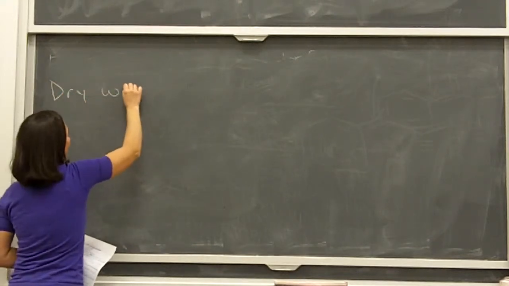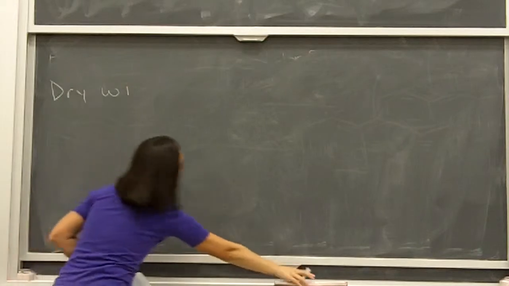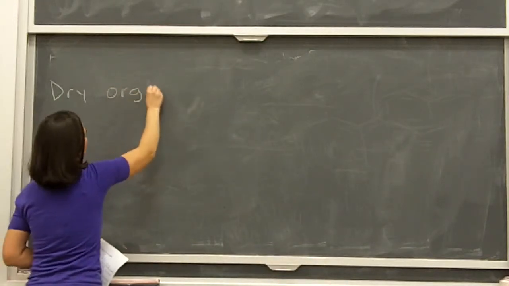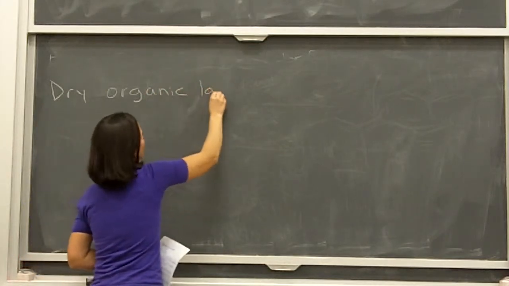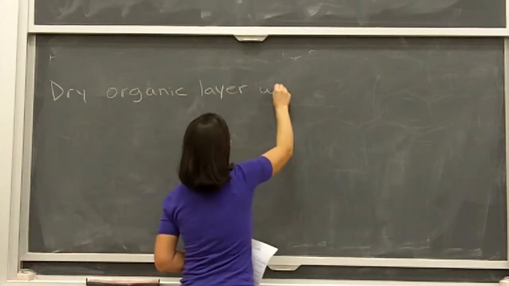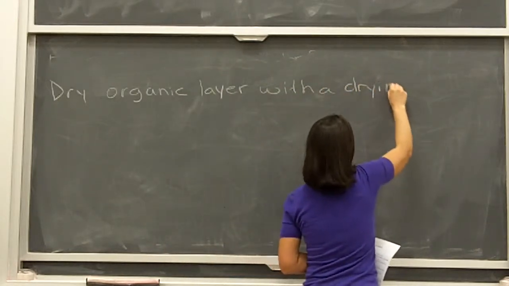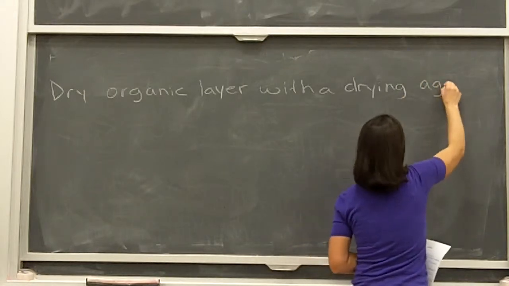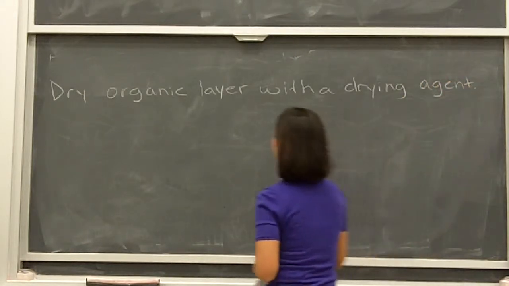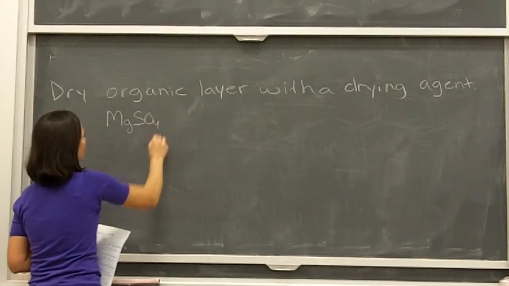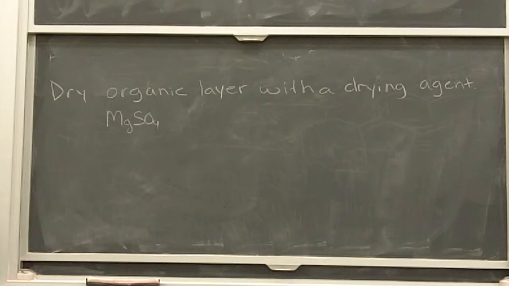So we're going to dry the organic layer with a drying agent. These drying agents are usually either magnesium sulfate or sodium sulfate. In this case, we are going to use magnesium sulfate. Okay? And the magnesium sulfate is anhydrous. There's no water in it. And it's this light, fluffy powder. It looks like flour.